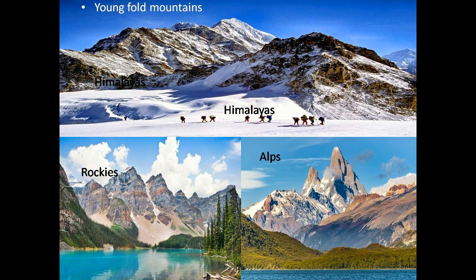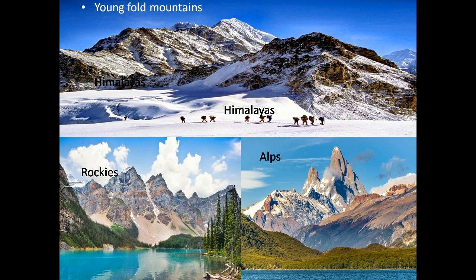Students, let us talk about young fold mountains. Young fold mountains are those mountains which were formed comparatively recently, about 25 million years ago. They comprise the world's highest mountain ranges.